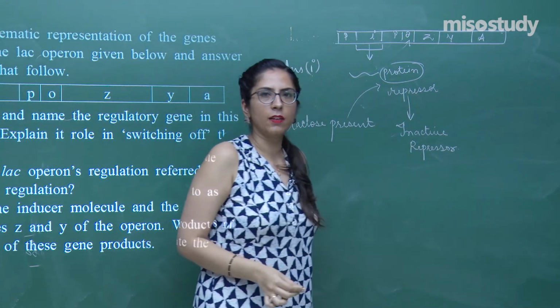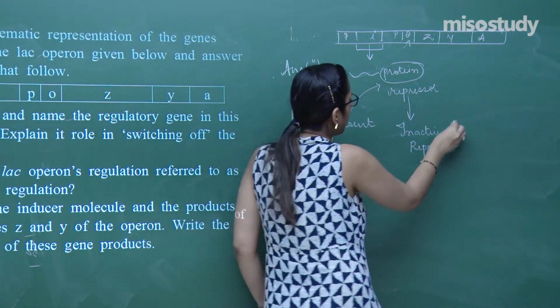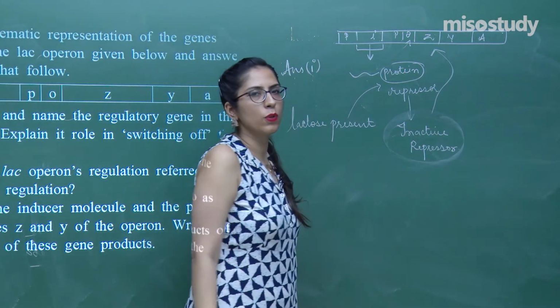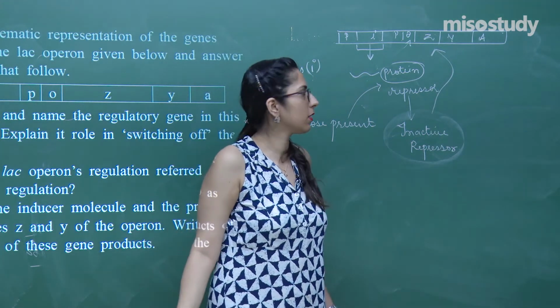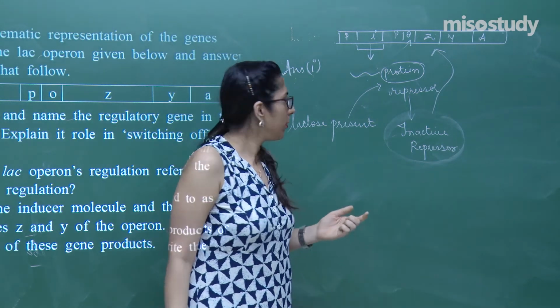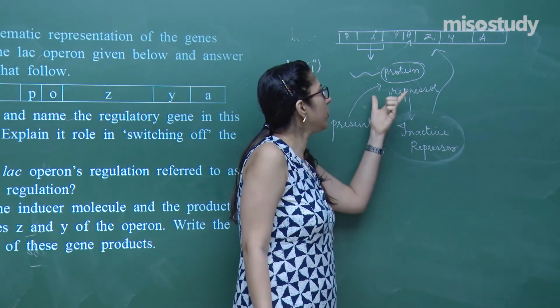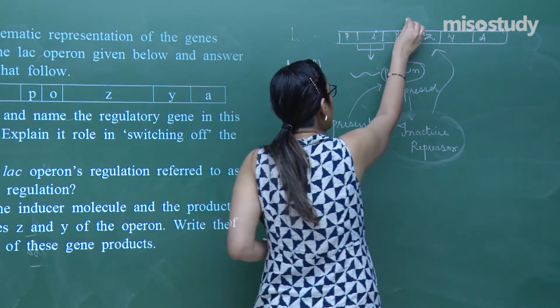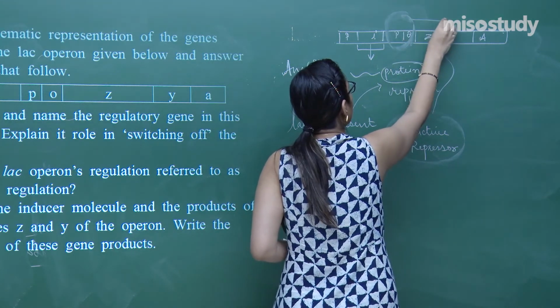This is an inactive repressor. Now this inactive repressor will not have the capability to bind to the operator, so it is called negative regulation, because when lactose is present, it binds to the repressor and forms an inactive repressor so that the RNA polymerase can further move in this direction.